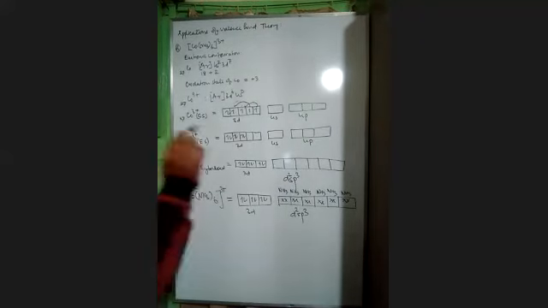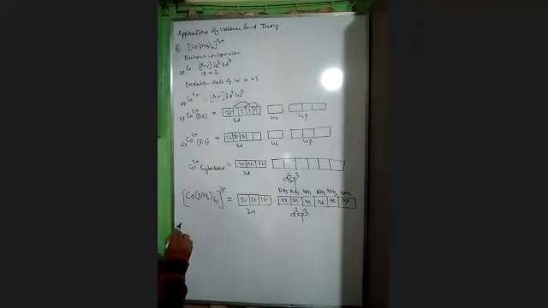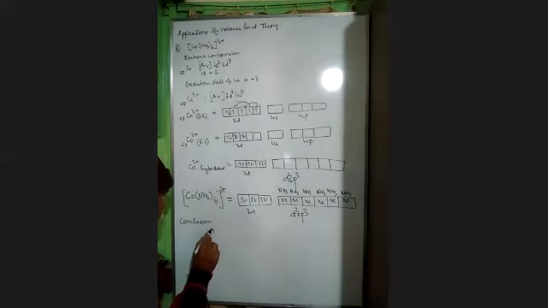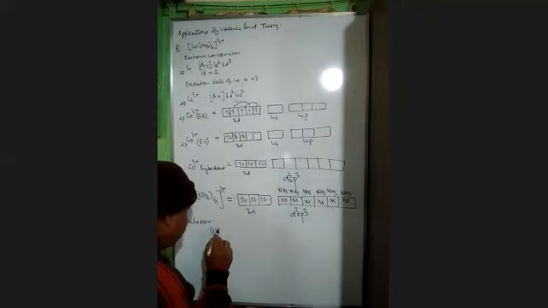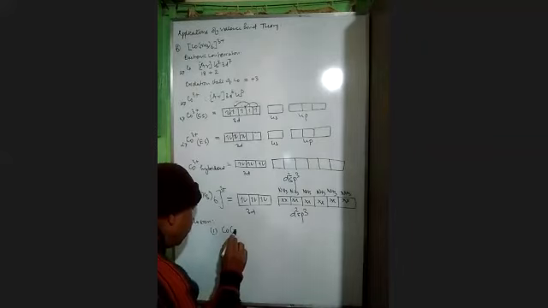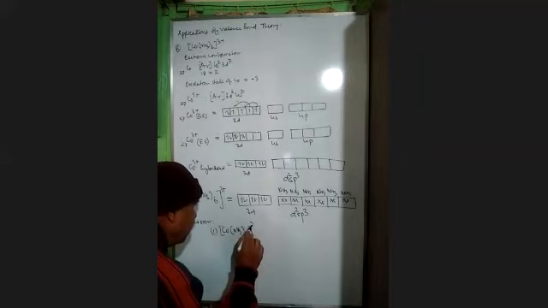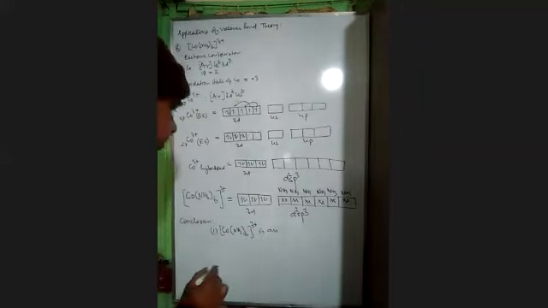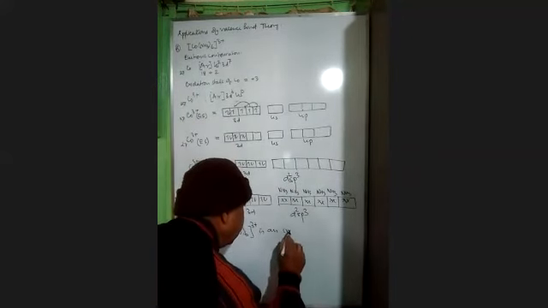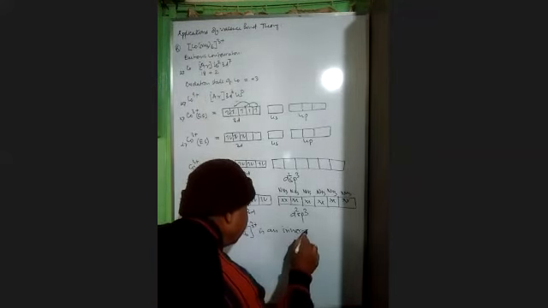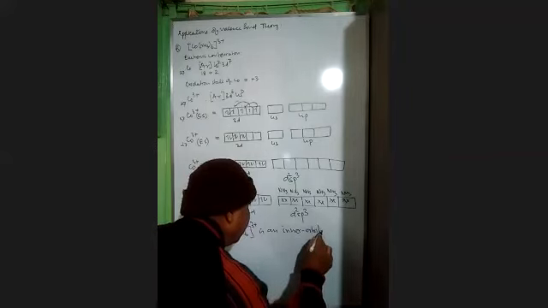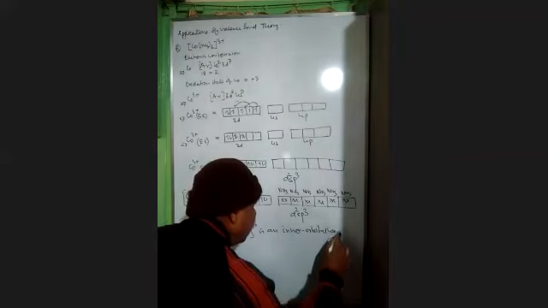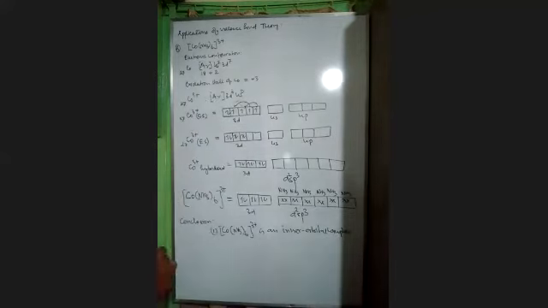Now, what is our conclusion as per valence bond theory? The conclusion is that the hexamine cobalt 3 species is an inner orbital complex.